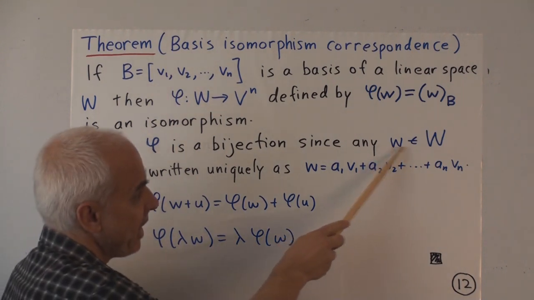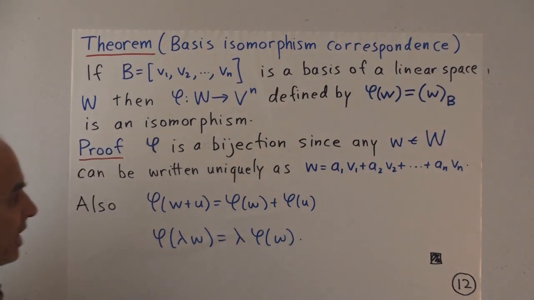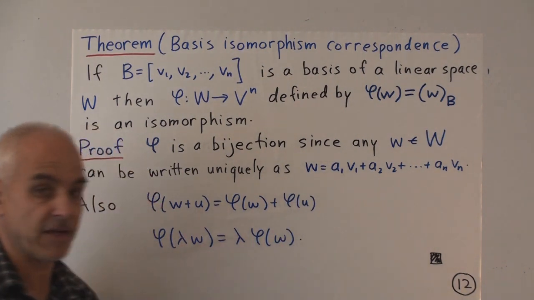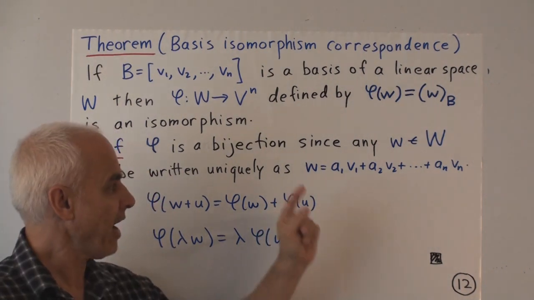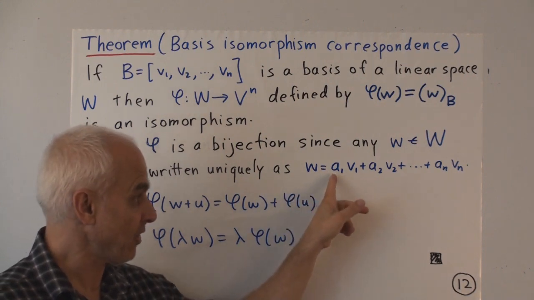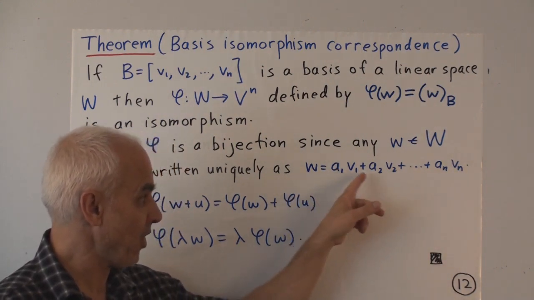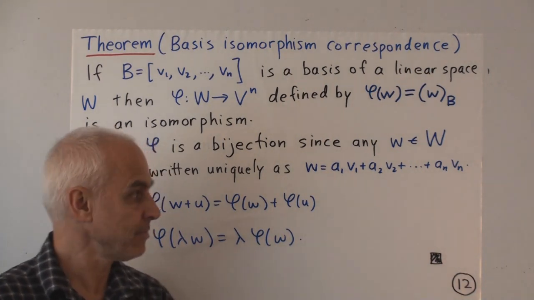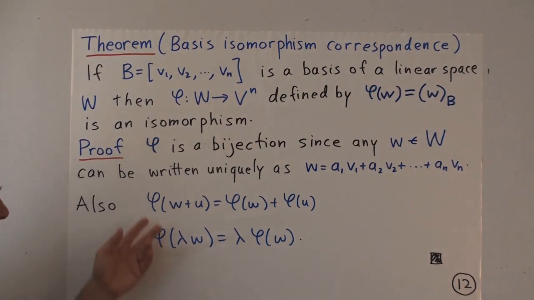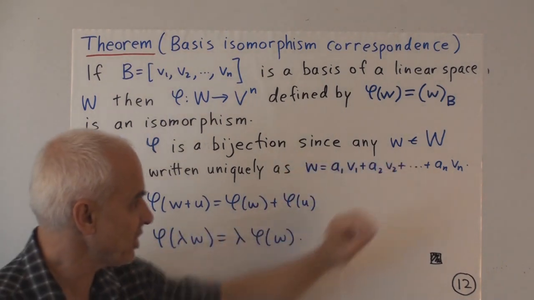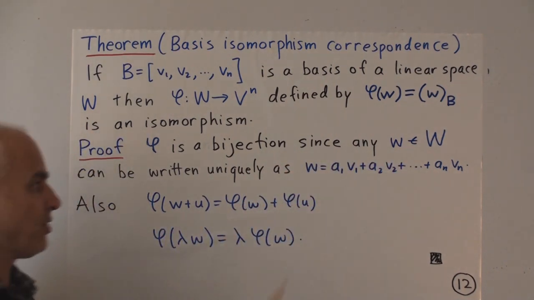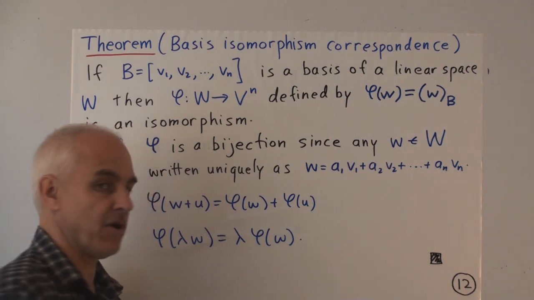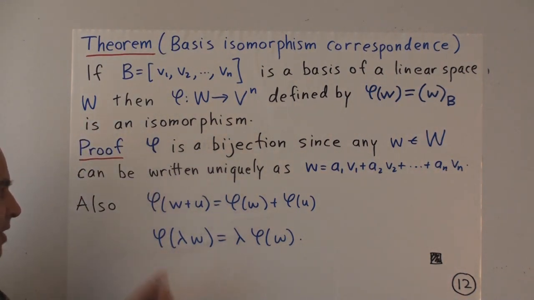Well, any element in W, say W, can be written as a linear combination of these basis vectors in exactly one way. And so going from W in the space to the vector whose coefficients are a1, a2 up to an, that's going to be a bijection. And it's pretty easy to see that if you have W and U, you have two such expressions. Then when you add W and U, you just add the two vectors over here component-wise. And similarly when you multiply W by a scalar.